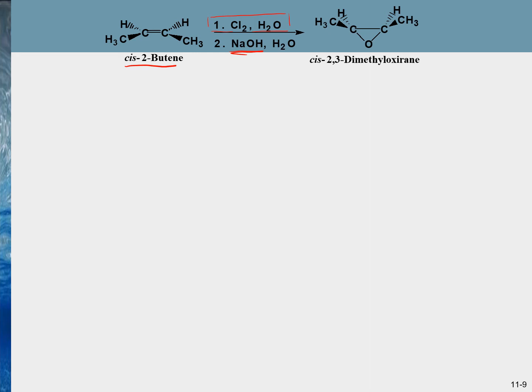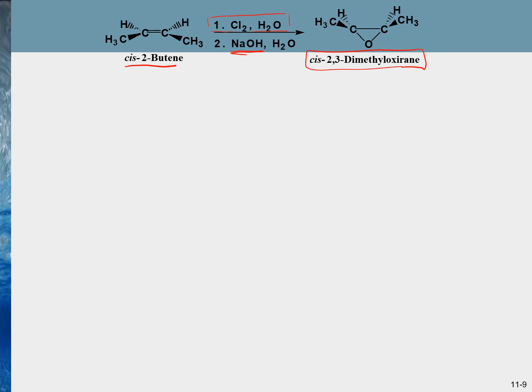So if we write the reaction carefully from cis-2-butene and we consider all the stereochemical outcomes, we should be able to figure out why this reaction gives only one product. So let's write this reaction step by step and we will consider all the stereochemical outcomes.